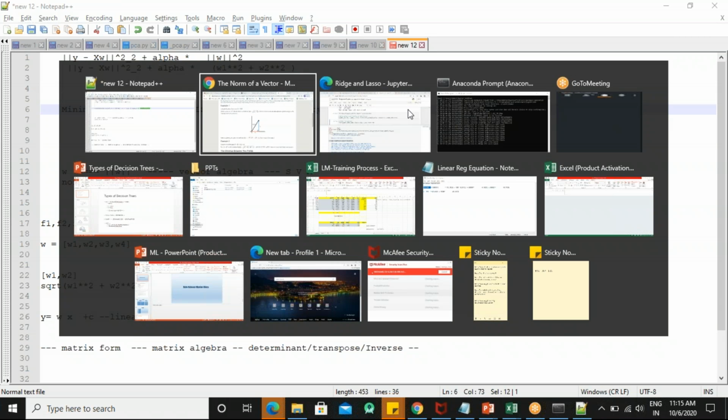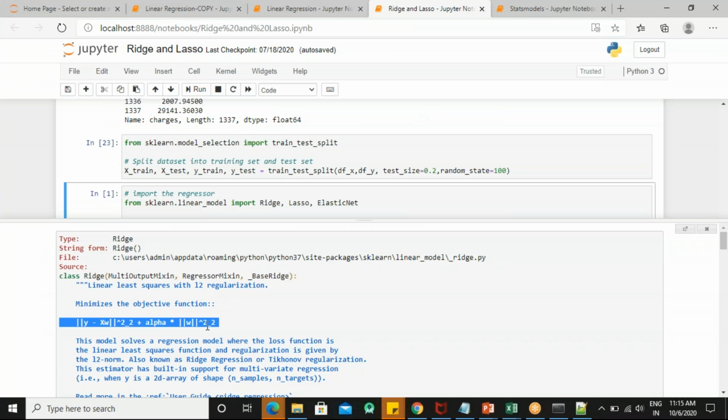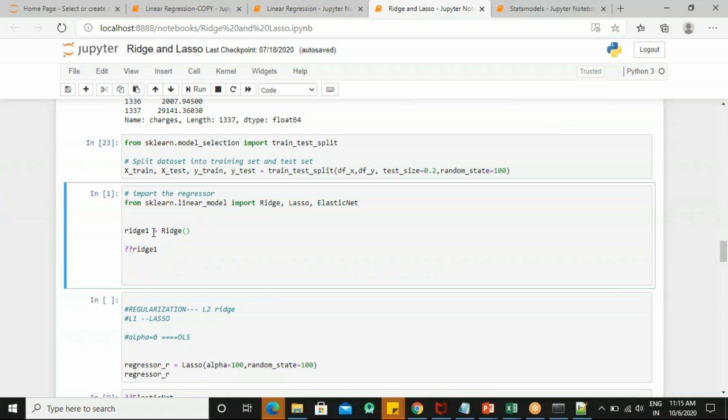Let's see the formula for lasso before we implement it. Where is the formula for lasso? So this was the formula for ridge, guys. Now let me get the formula from here for lasso.